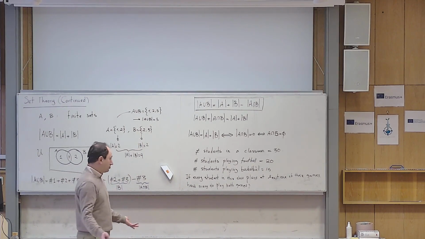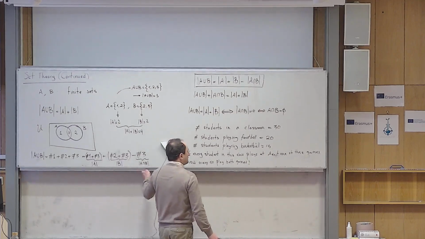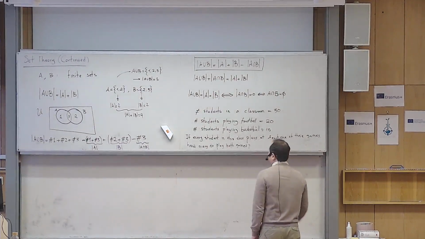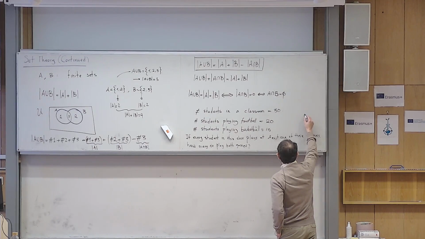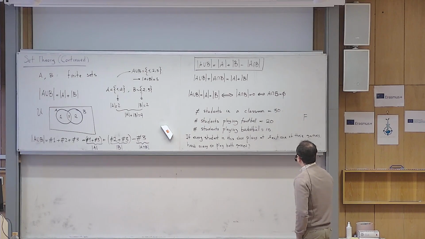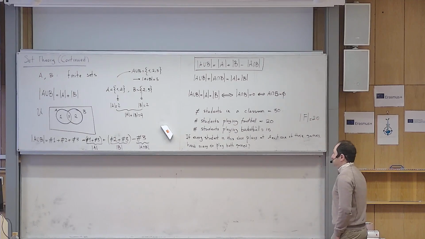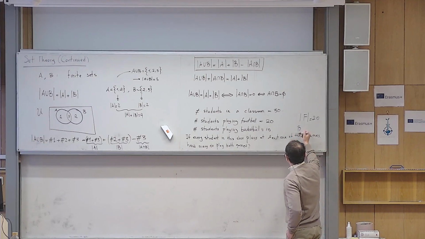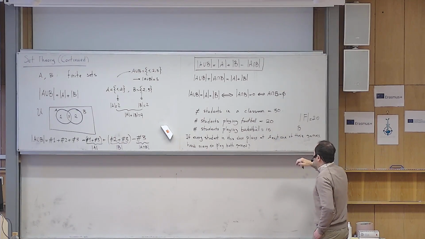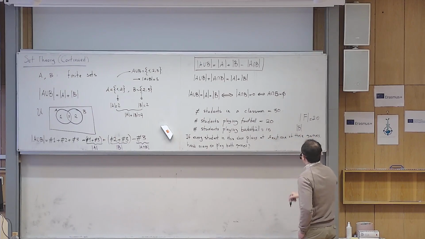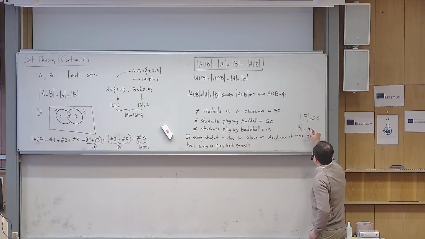Yeah, it's 5, yes, but if you want to write it, let me denote the set of students playing football with capital F. This piece of information tells me that the cardinality of F is 20. Yes. And then let me denote by capital B the set of students who are playing basketball. And then this piece of information tells me that the cardinality of this set is 15.